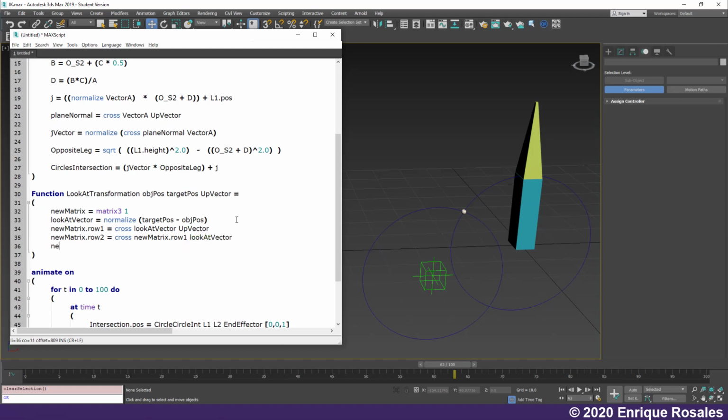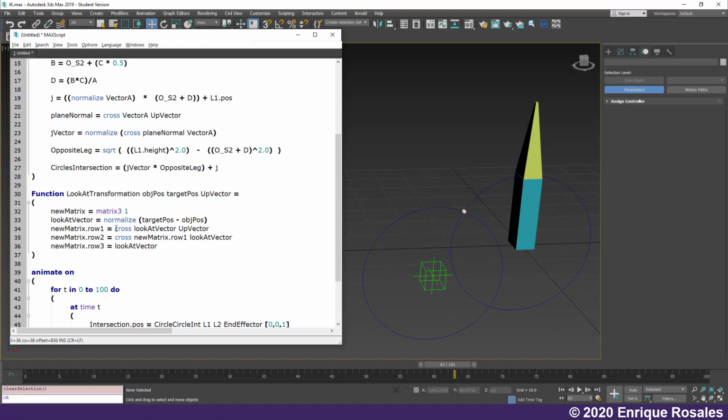And the new matrix dot row 3, sorry, will be the lookup vector. Remember, the lookup vector is basically the z-axis, which is the third column, or in this case, the third row.